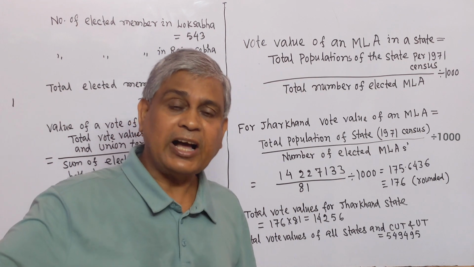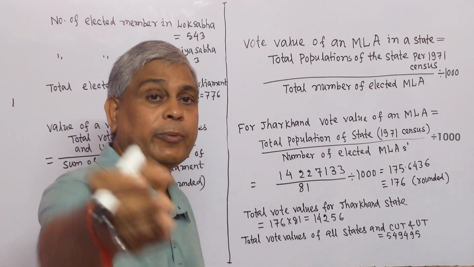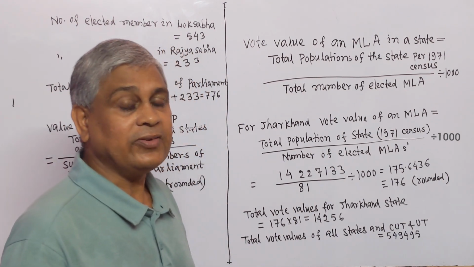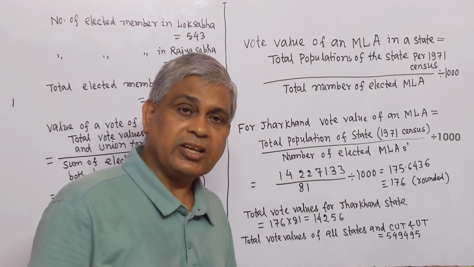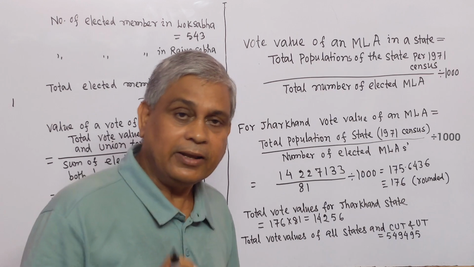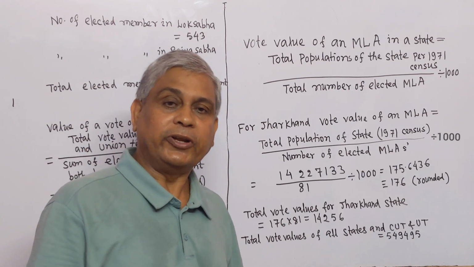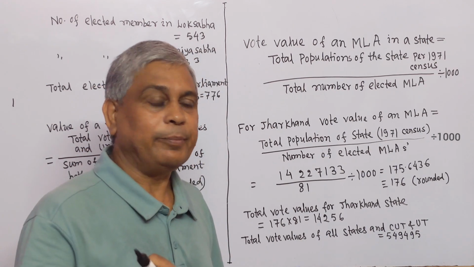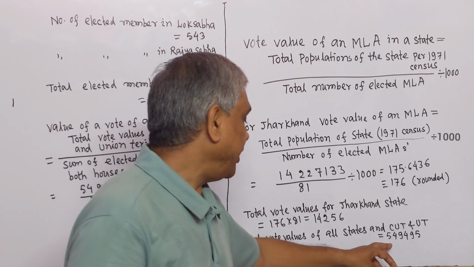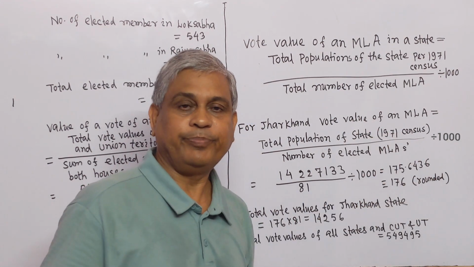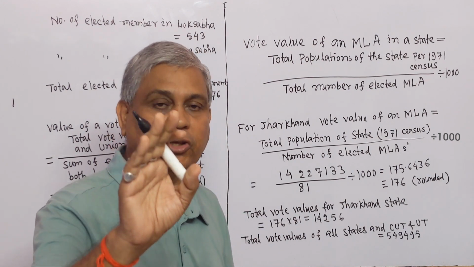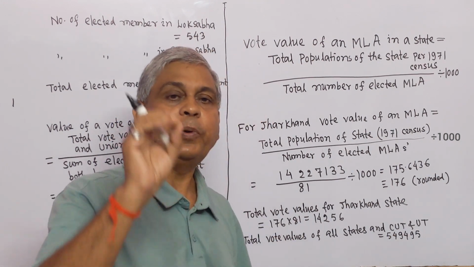Then we will take sum of all vote values of MLAs from the different states, Delhi and Pondicherry, and total sum be 5,49,495.